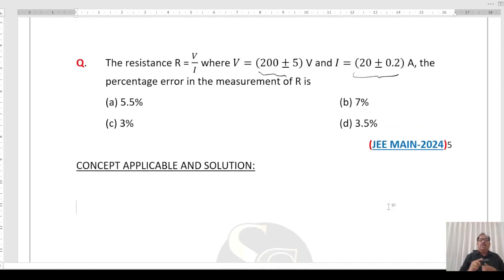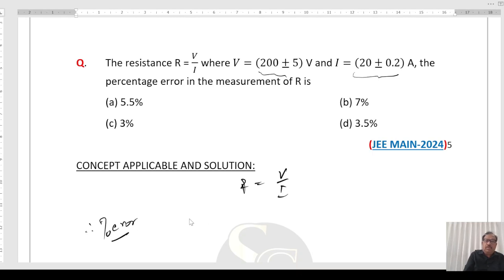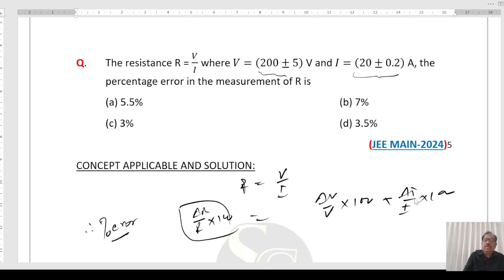Now very simple, as given R equals V by I. Therefore, percentage error delta R by R into 100 equals delta V by V into 100 plus delta I by I into 100.